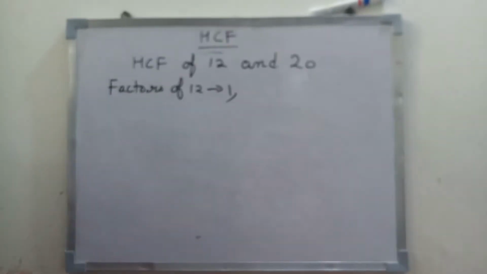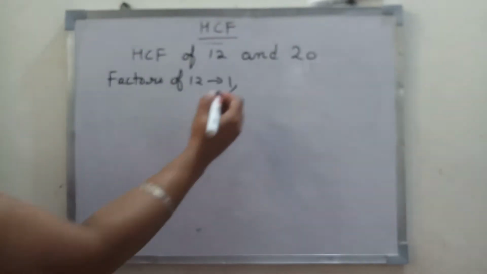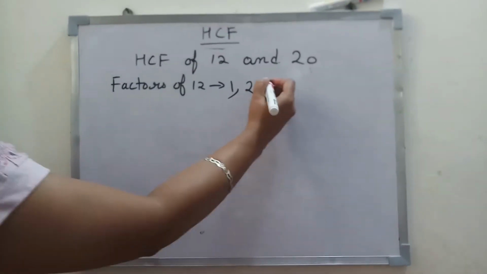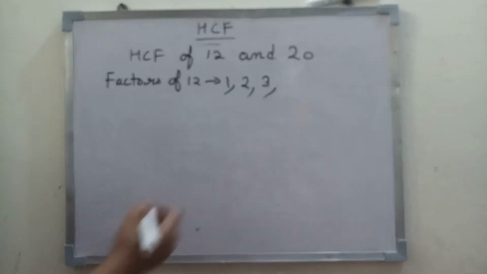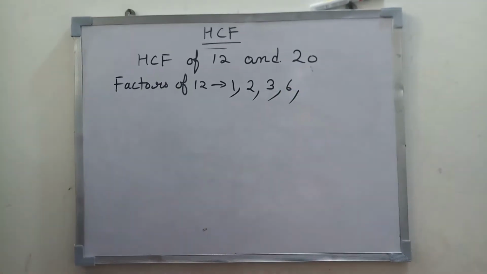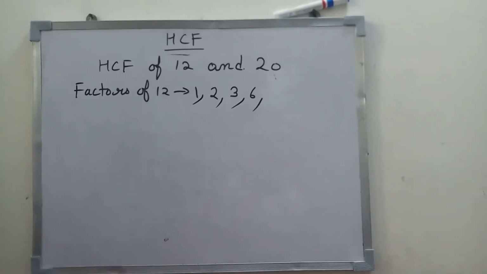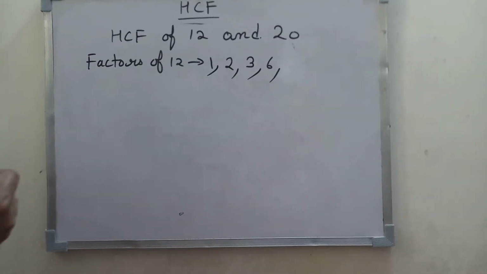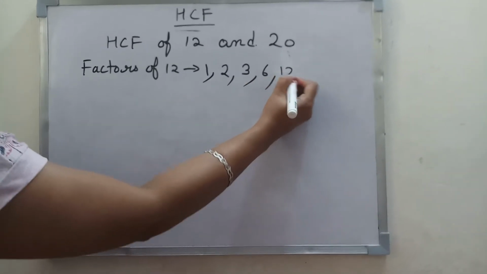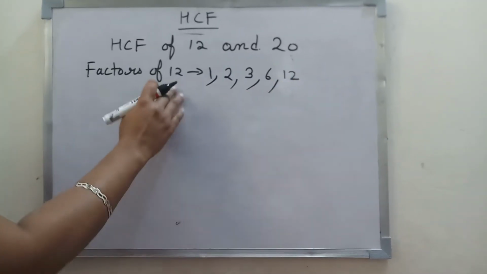Dear children, 1 is the factor of every number. So 1 12s are 12, 2 6s are 12, 3 4s are 12, 6 2s are 12. Similarly, 12 ones are 12.